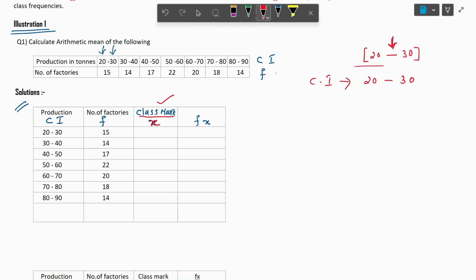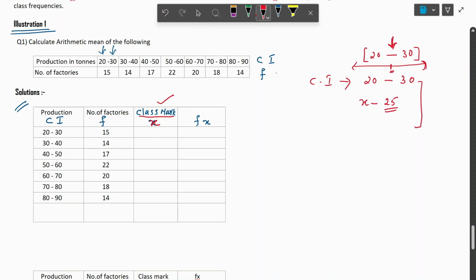Therefore, for 20 to 30, what is your midpoint? That is 25. So x for that class interval is 25. How do you calculate it? That is 20 plus 30 divided by 2, which is 25. Therefore, here I'm going to write the class mark for the first class interval.